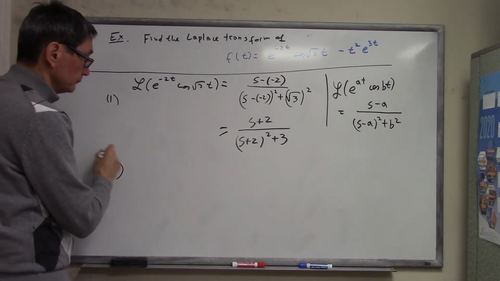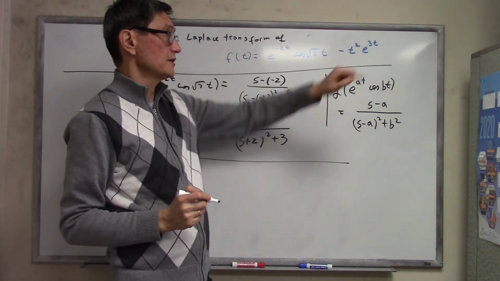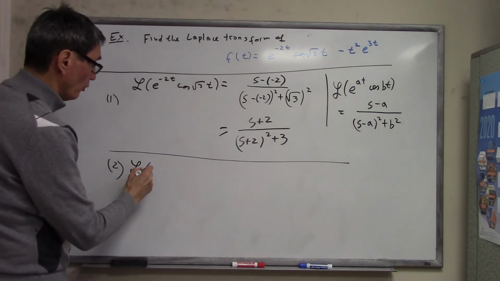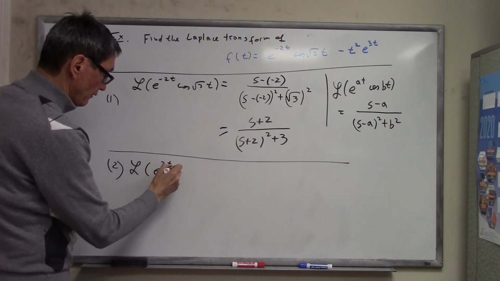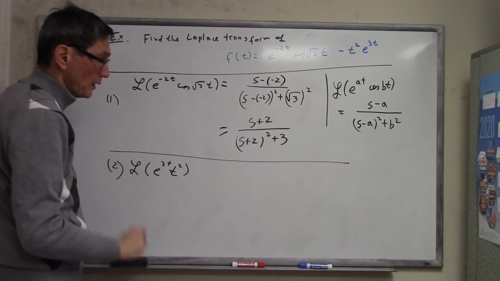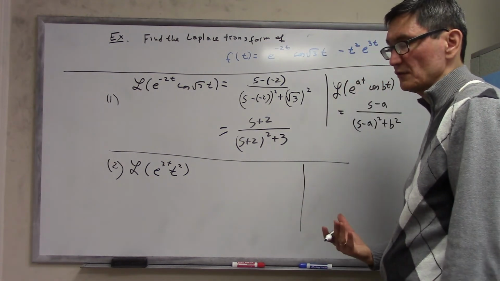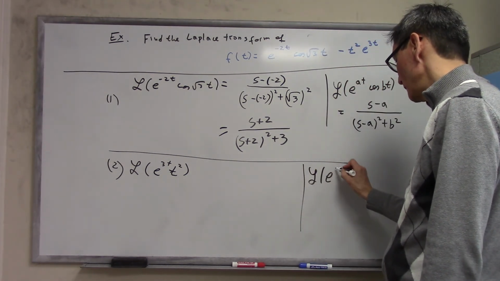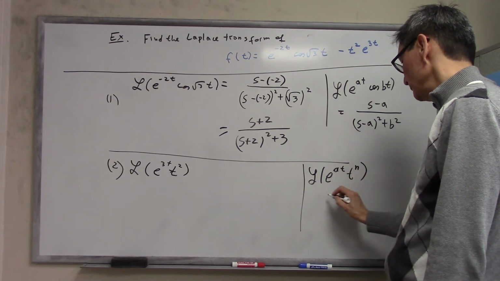Second one: I'm going to find the Laplace transform of the second term. So the Laplace transform of, I'll write down e to the 3t first, then multiply it by t squared. I'm going to rely on the formula which says how to find the Laplace transform of e to the at times t to the n.